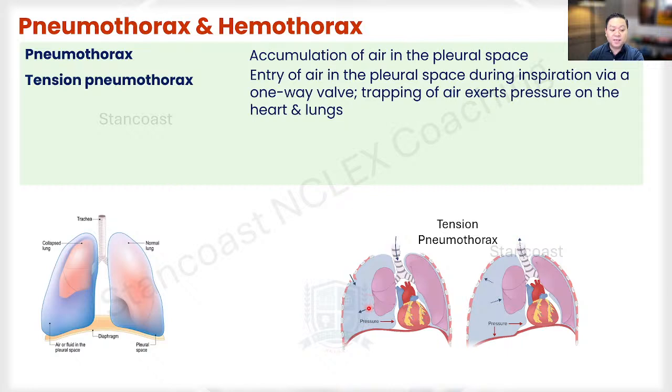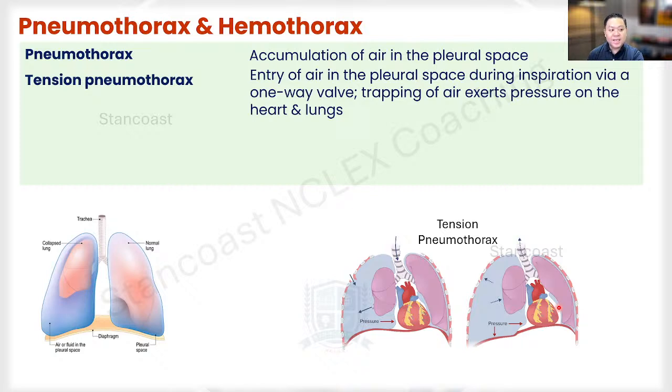The right lung is collapsing, and with the air occupying that pleural space, it will push the heart and also the trachea to the opposite side. So look at that, it will compress both the heart and the lungs. Again, we're talking about the cardiac output and the venous blood return, and these will be compromised.